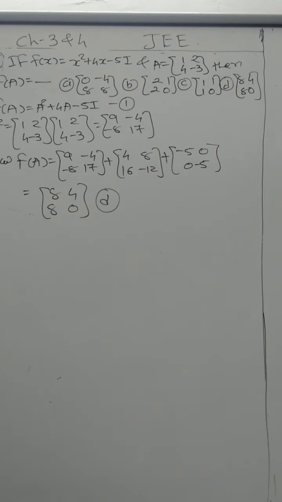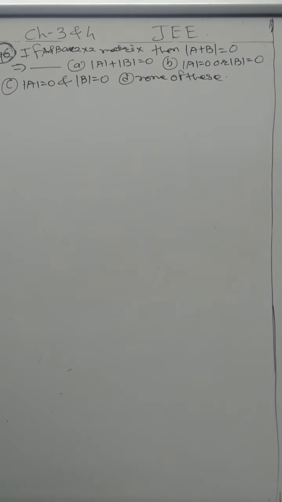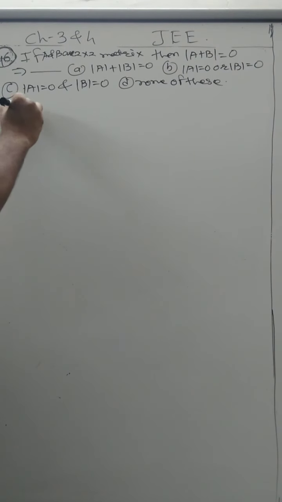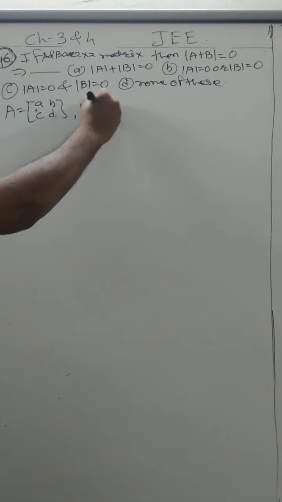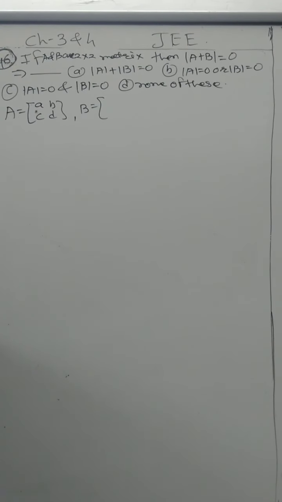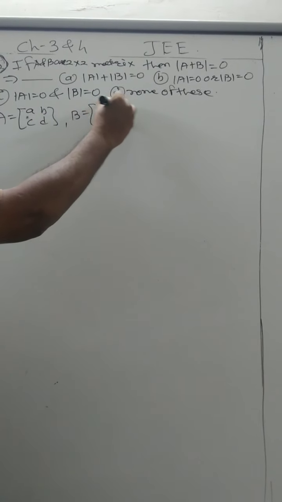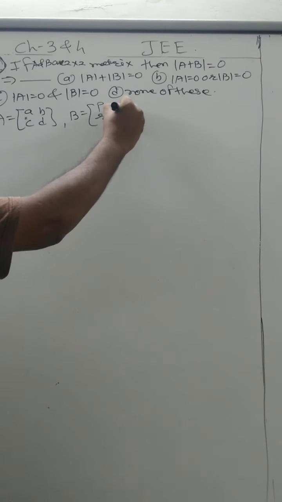Now we go for the next one. Okay, next sum. If A and B are 2 by 2 matrices, then determinant of A plus B equal to 0 implies dash. So here first of all we take A equal to [a, b; c, d], and B we take anything, we just take [p, q; r, s].